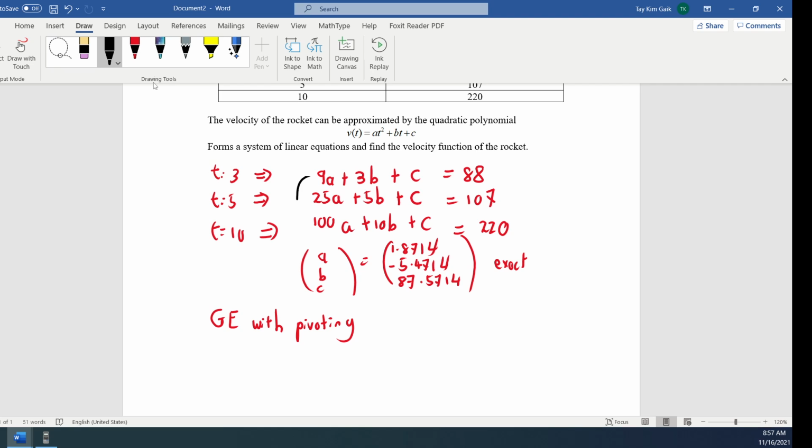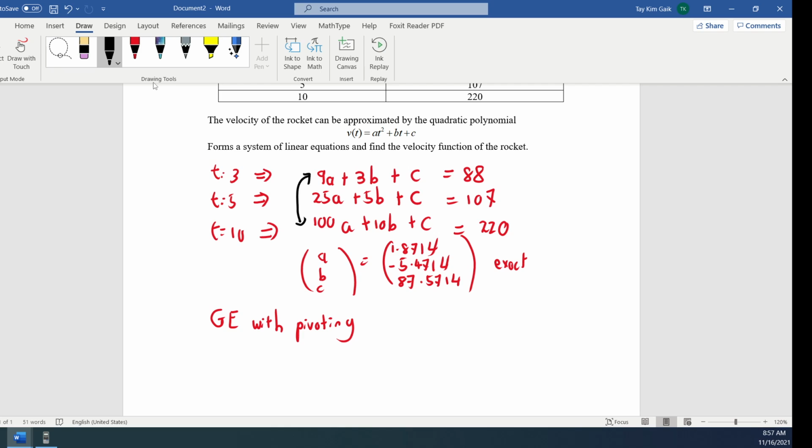In this case, we swap row 1 and row 3, because 100 is the maximum magnitude within column 1. So I will swap the whole row. When you swap, make sure the vector b, the right hand side, also swaps.